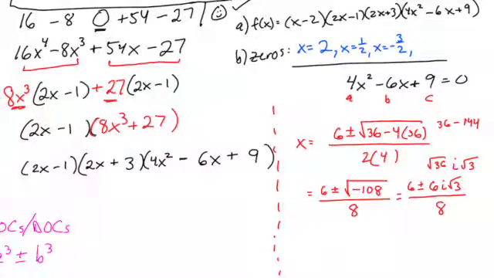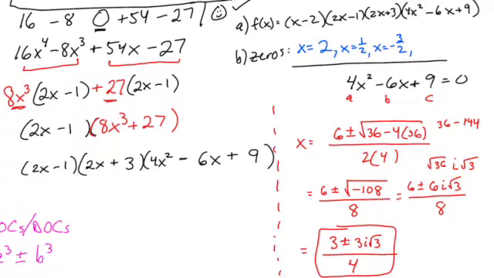And finally, if you're dividing all of this by 8, you can divide each term by 2 to reduce that fraction. So 3 plus or minus 3i root 3, when you divide those 6's by 2 and divide that 8 by 2, and you have 4. And those are your last two zeros there. 3 plus or minus 3i root 3 over 4.